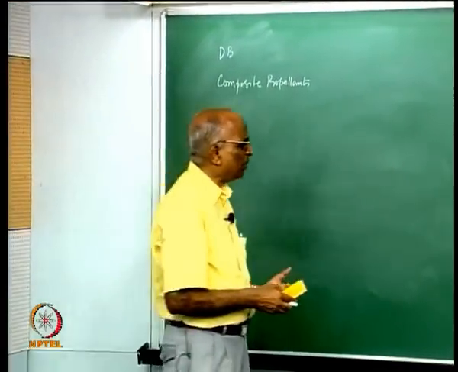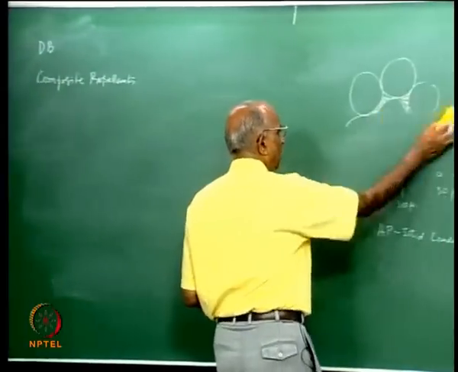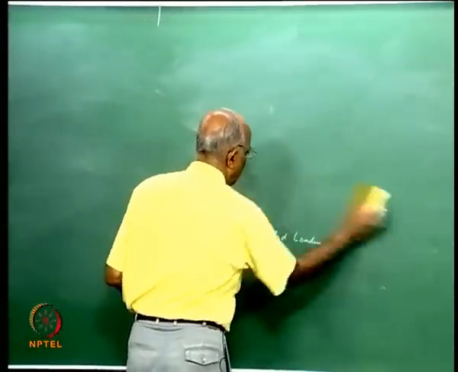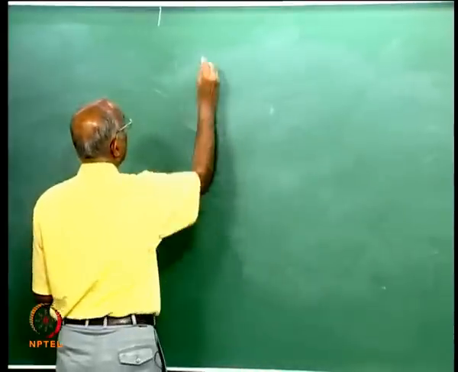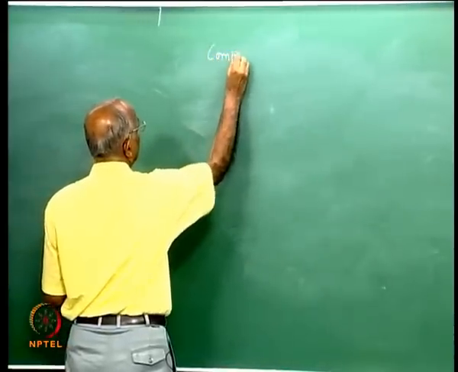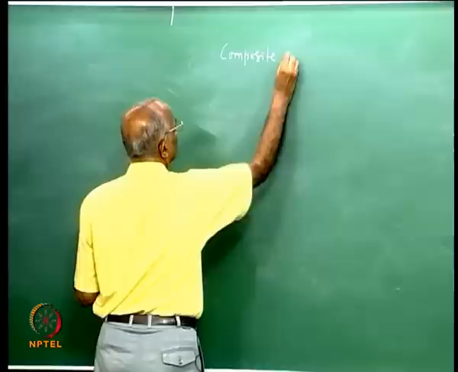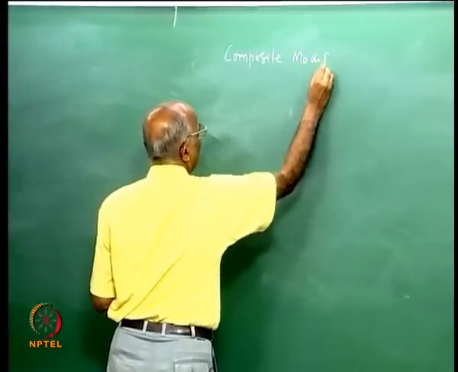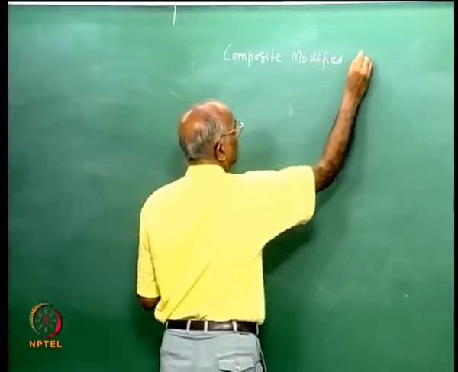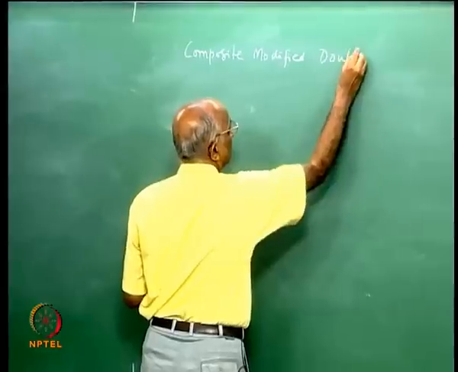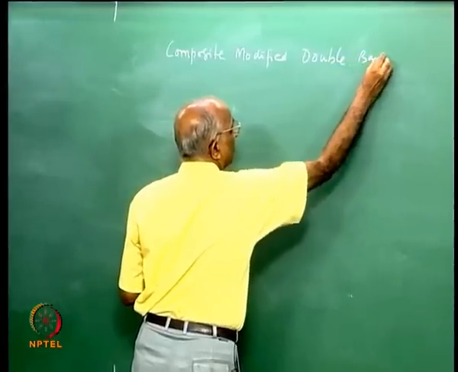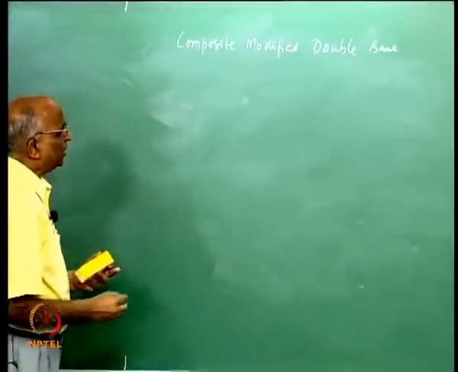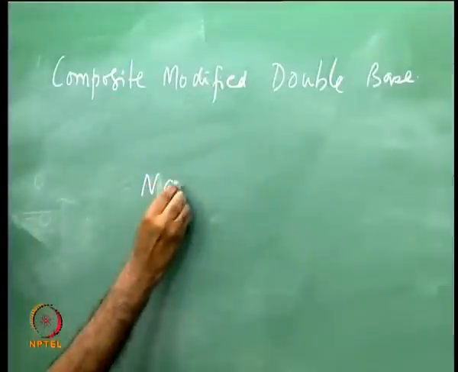Well, the other two solid propellants are derived from these two. We say composite modified double base. We have already seen double base propellant is nitrocellulose and nitroglycerin, right?